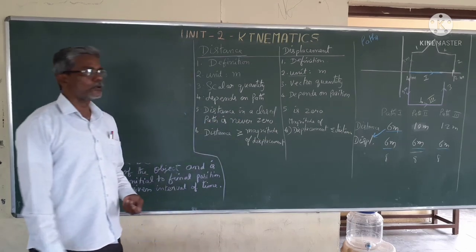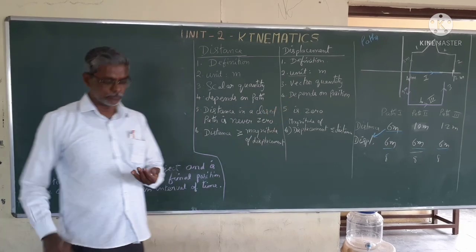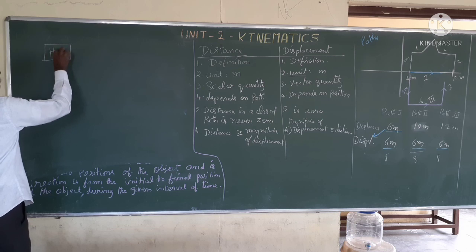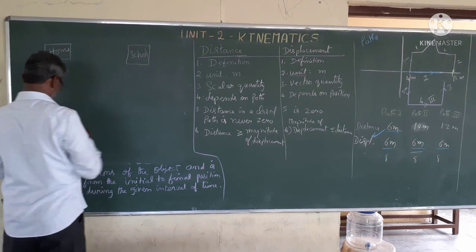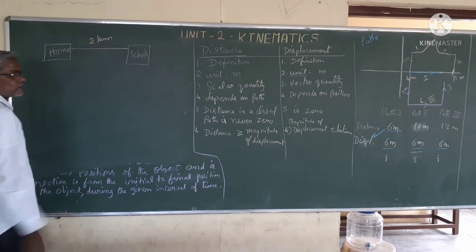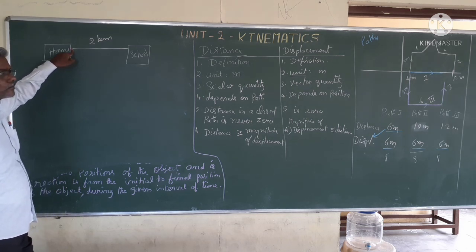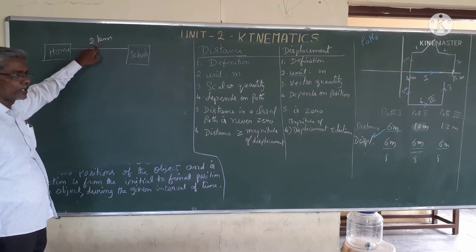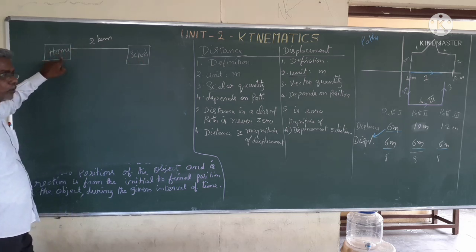Distance in a closed path is never zero, and displacement is 0. For example, take this is your home, this is your school, which is at a distance of 2 km. Now, in the morning you start from home and reach school, which is at a distance of 2 km. And in the evening from school you reach home.